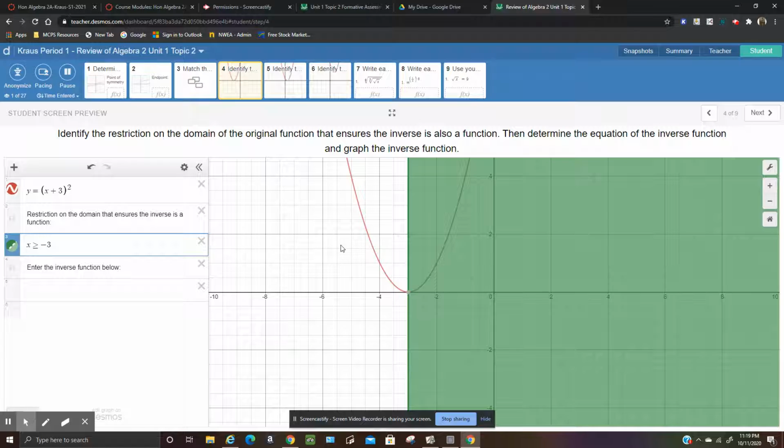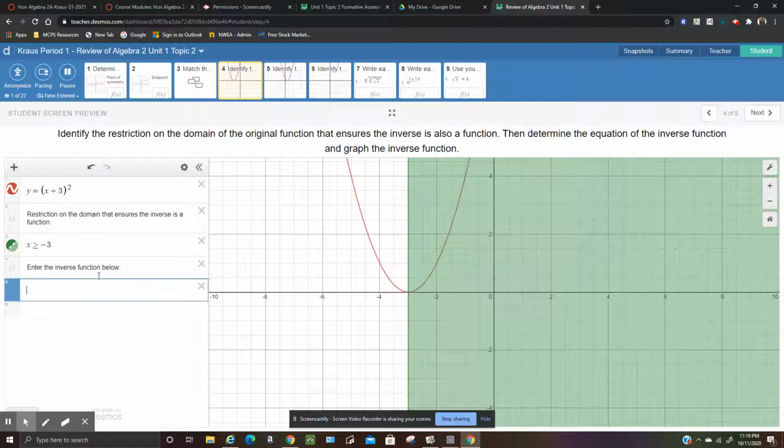So I don't know how to prevent the shading from happening here with this math input, but you can just kind of ignore that. But you want to go from here over on the original. So then you want to write the inverse of this. So do y equal, and then the last thing we did was square, so the inverse would be square root of x.